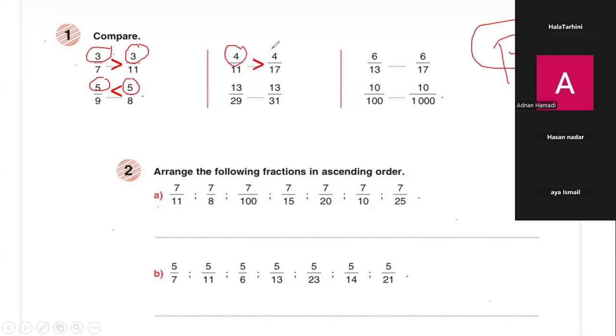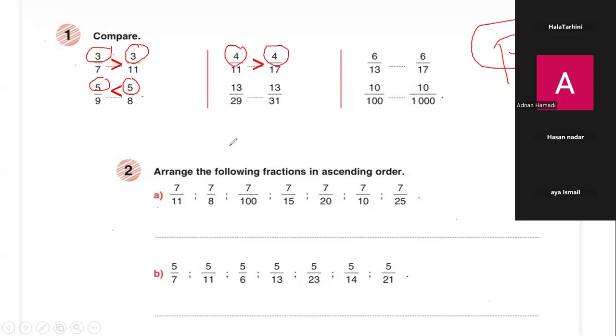Excellent. So we have same numerators. You should say we have same numerators. So we go to compare the denominators. We should choose the smaller denominator, 11. The fraction 4/11 will be bigger. Do you understand, Hala? Yes.